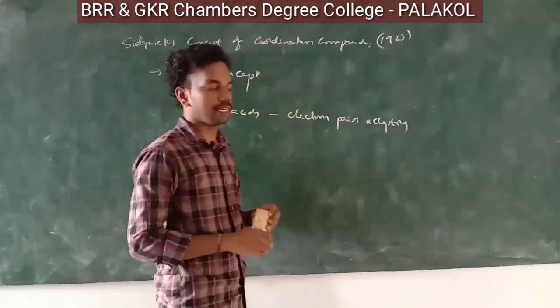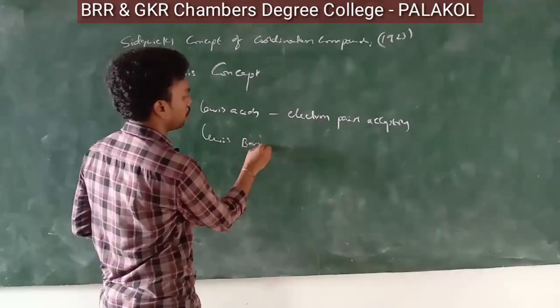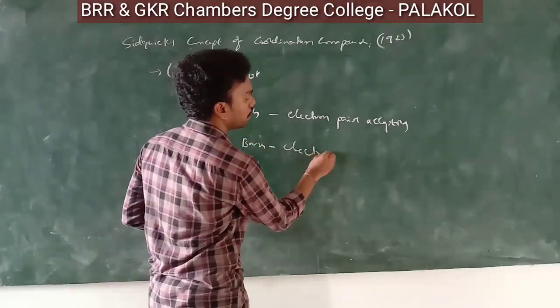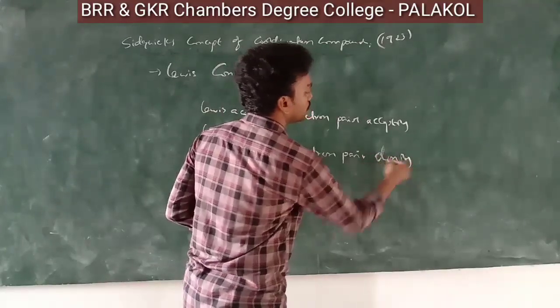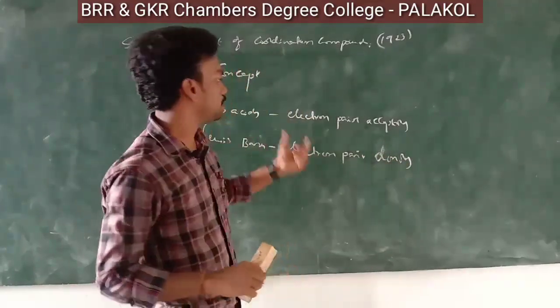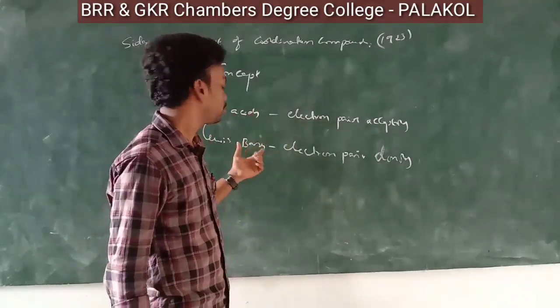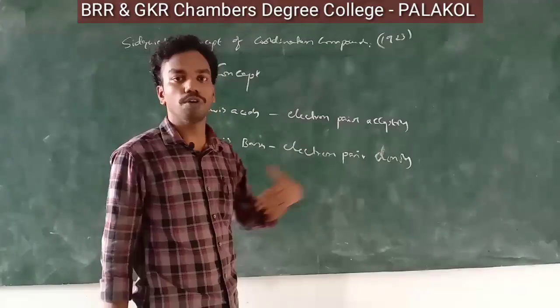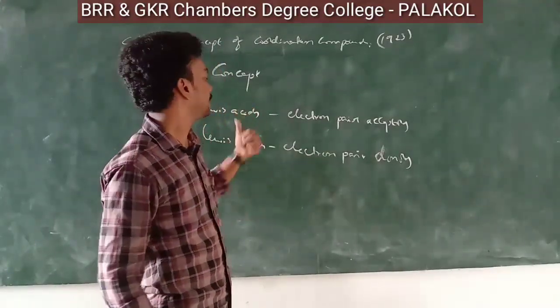Lewis bases are electron pair donors. The species which are capable of accepting electron pairs are called Lewis acids. The species which have lone pairs of electrons available for donation are called Lewis bases. So that is the Lewis concept.